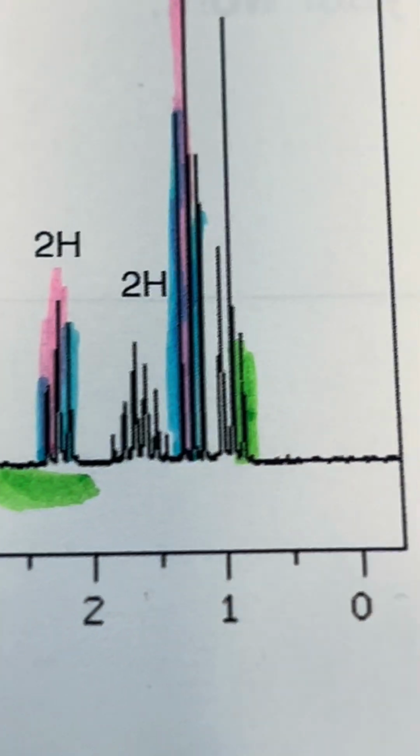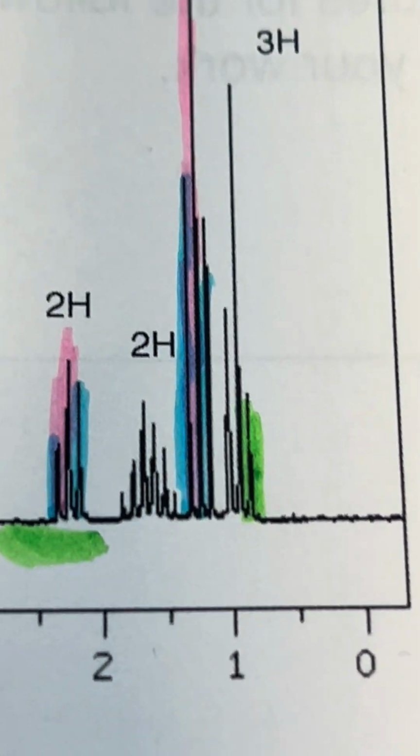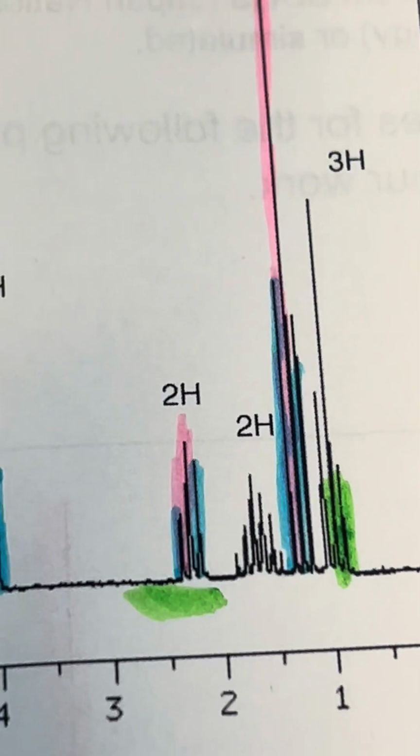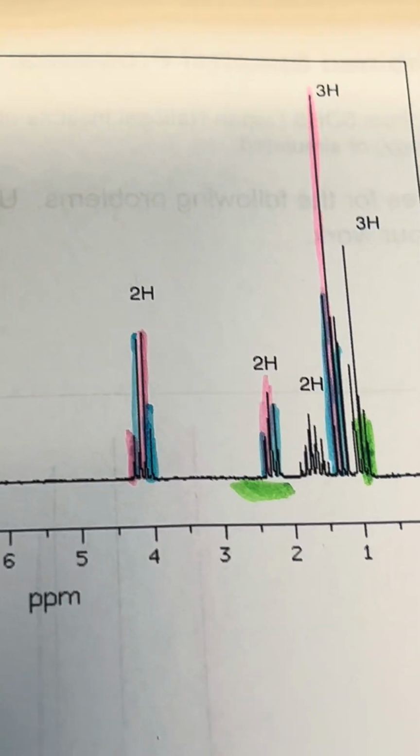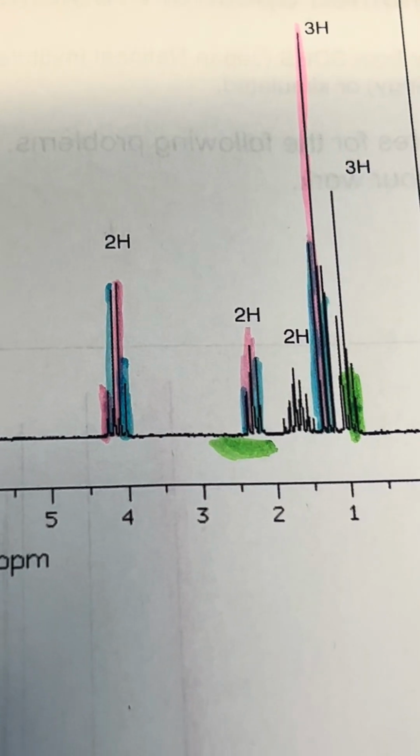Something else that's notable is the triplet here at 0.9. This is integrating for 3 hydrogens. This speaks toward being a terminal methyl on the chain. So those are all good traits to consider as we identify this organic compound.